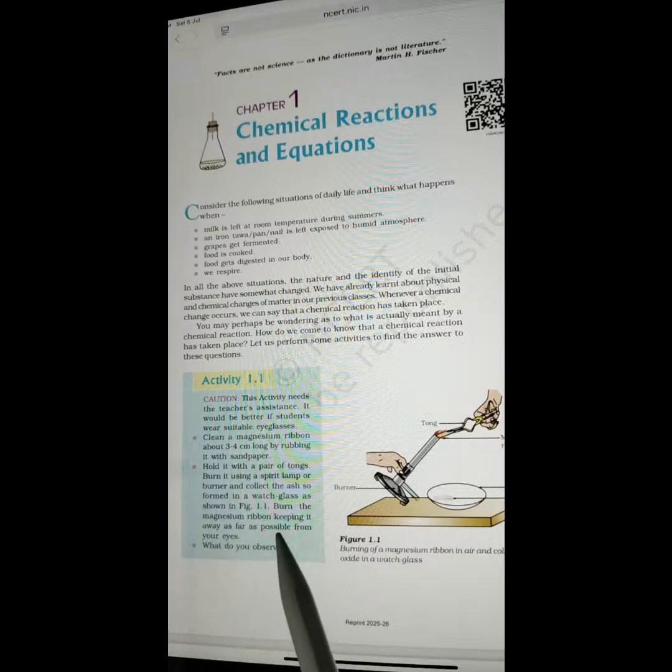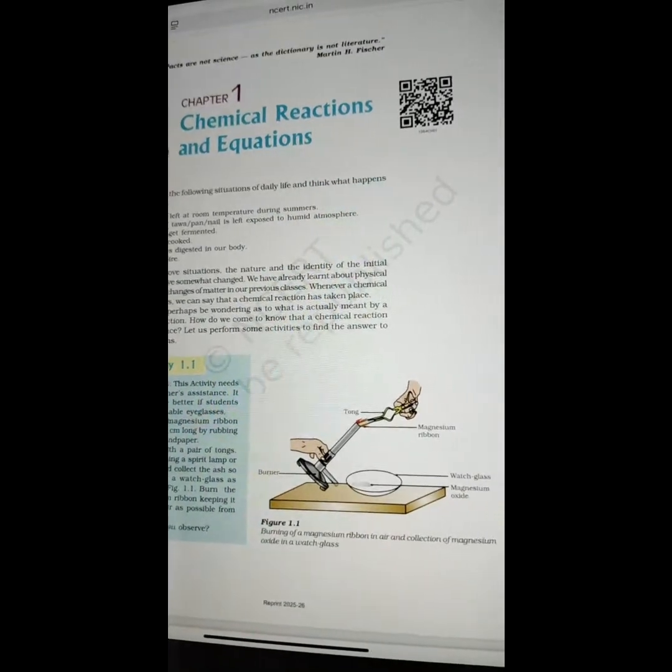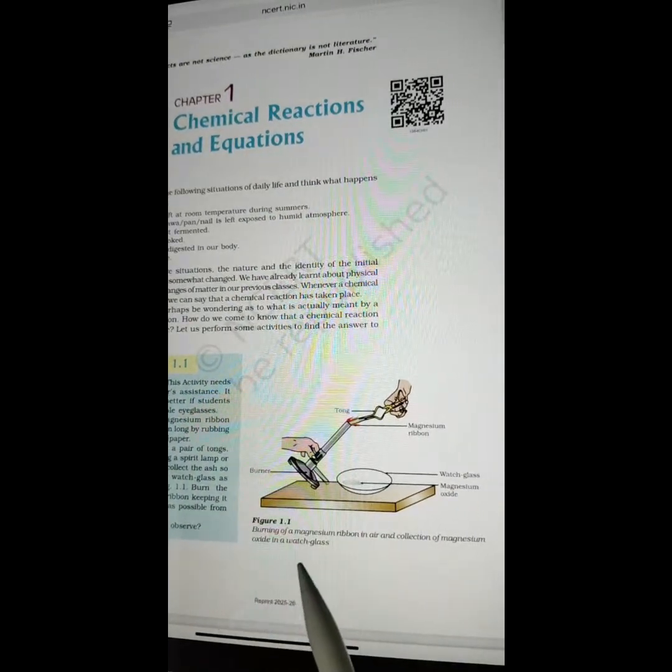Burn the magnesium ribbon, keeping it away as far as possible from your eyes. What do you observe? Figure 1.1. Burning of a magnesium ribbon in air and collection of magnesium oxide in a watch glass.